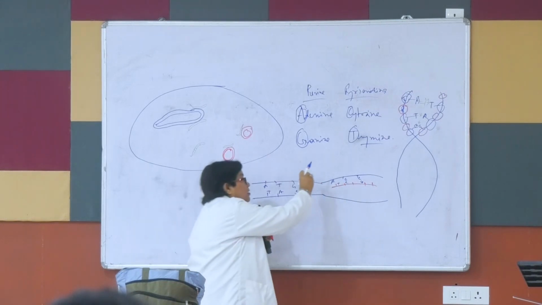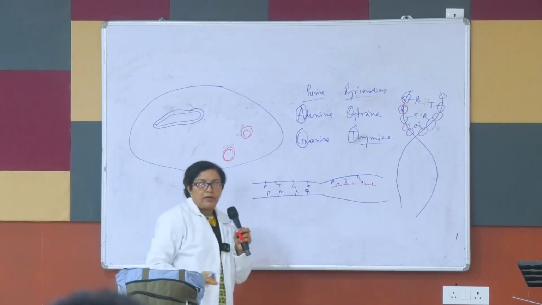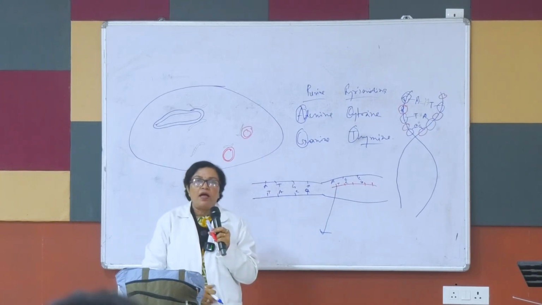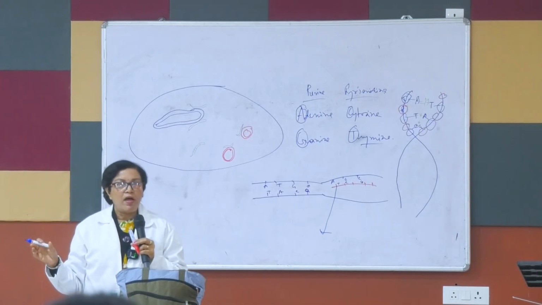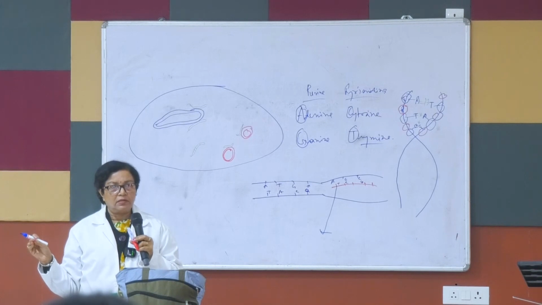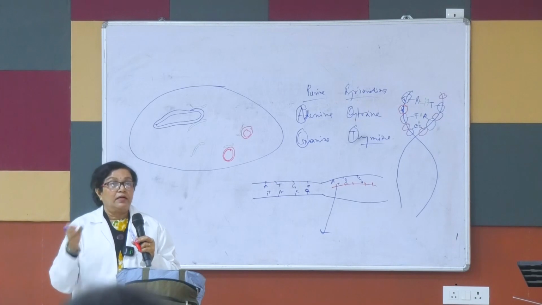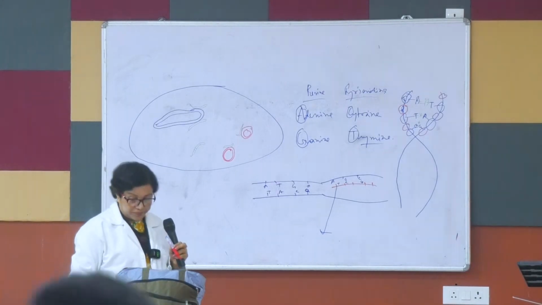So, the information coding is passed to the RNA. Now, this RNA comes into the cytoplasm, and with the help of transfer RNA, it goes to the ribosome and then synthesis of the polypeptide. The terminology is separate: transcription of the messenger RNA and translation of the protein.